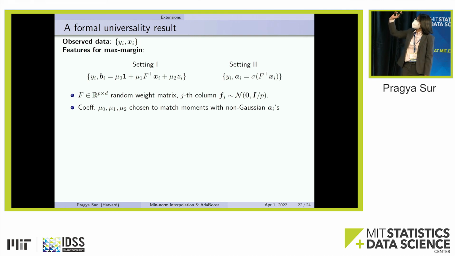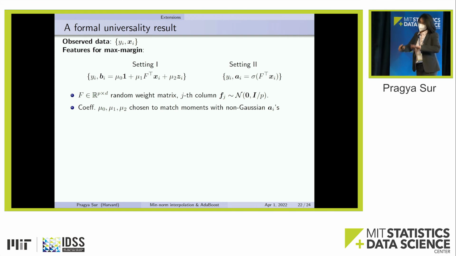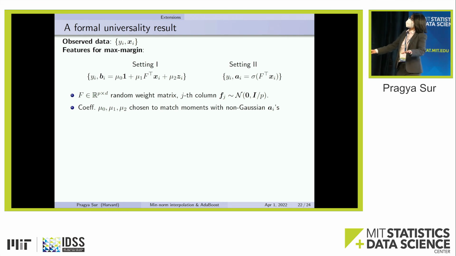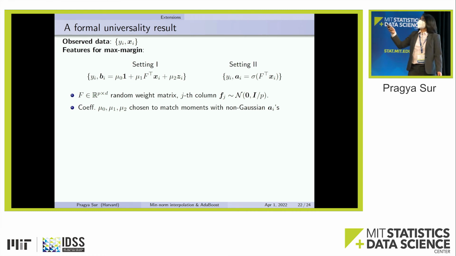Then take a corresponding setting 1 model, where you get rid of the nonlinear transformation, but you linearize very smartly, so that the moments of B_i and A_i still match. The mean of A_i and B_i matches, the variance matches, and the way you do that is by picking the coefficients in the linearization so that the moments match.